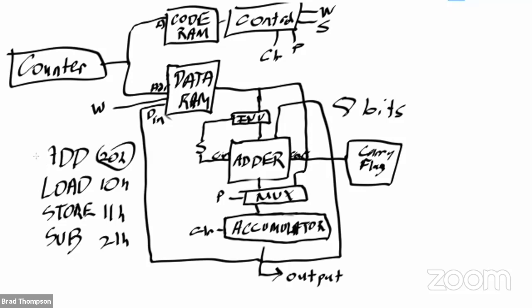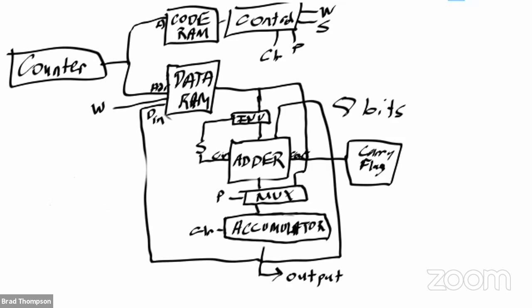But to make things a little more flexible, a lot of our instructions are going to need a second byte, or depending on how big our RAM is, maybe a third, fourth or fifth byte, so that we can decide where we're going to look to see what number we're going to add, or where we're going to store something.